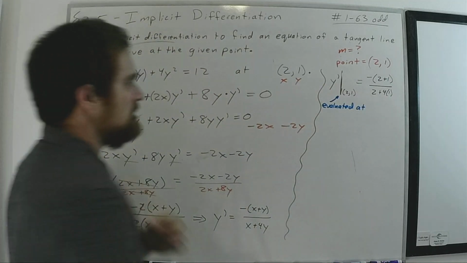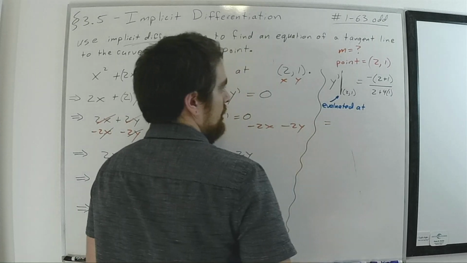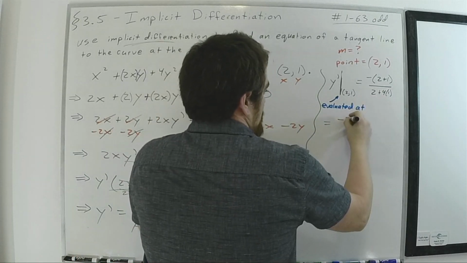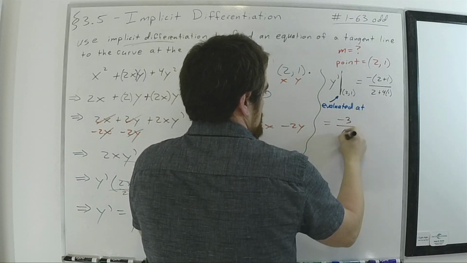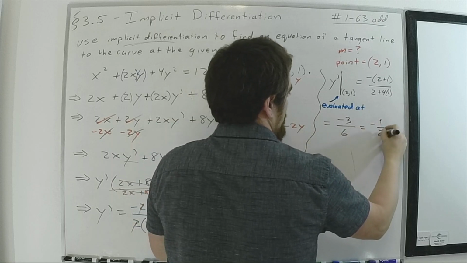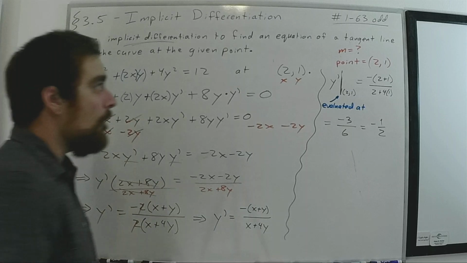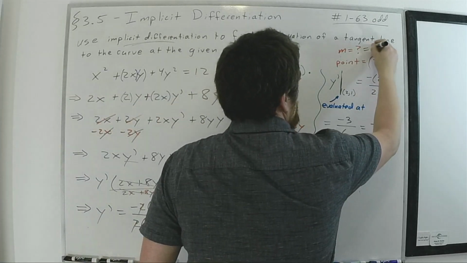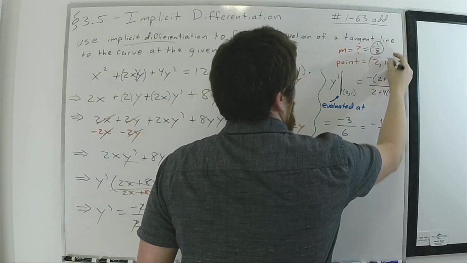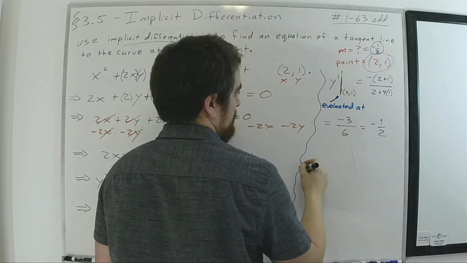So that gives us negative 3 over 6, which is negative 1/2, which happens to be our slope. So now we know what our slope is, and we know what our point is.